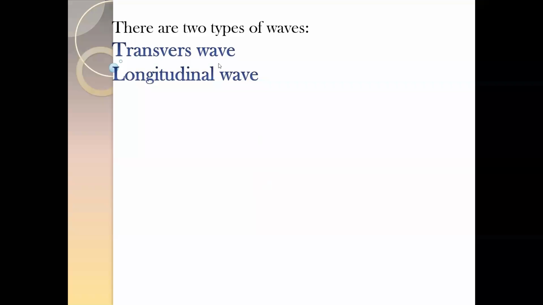The difference is only the motion of the particles. We can distinguish them by the motion of particles, because in a transverse wave, the particles move in a different manner as compared to a longitudinal wave.